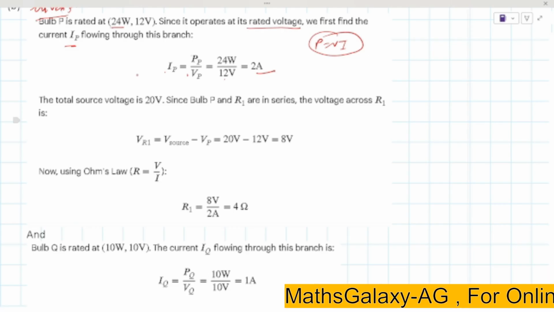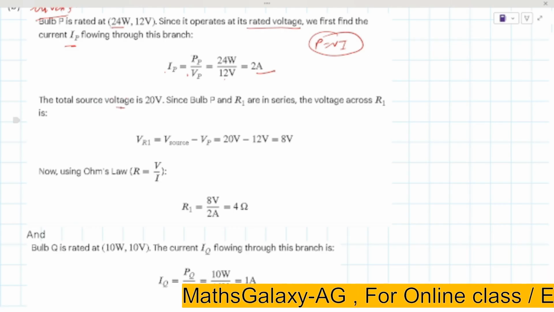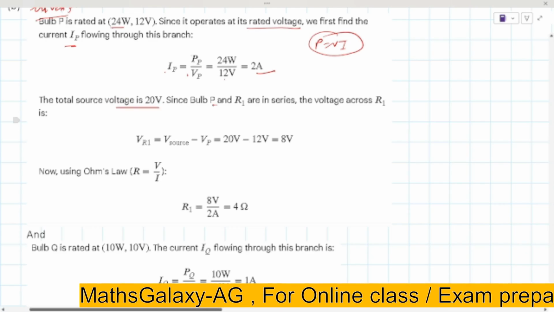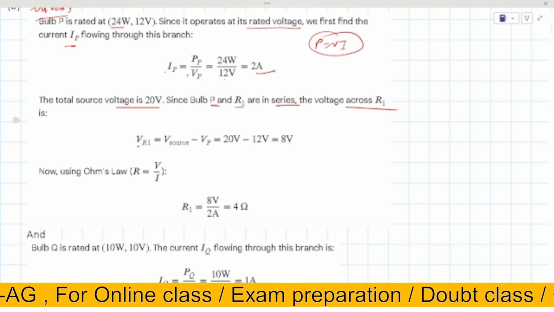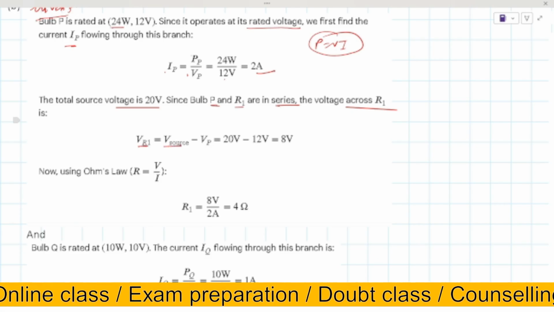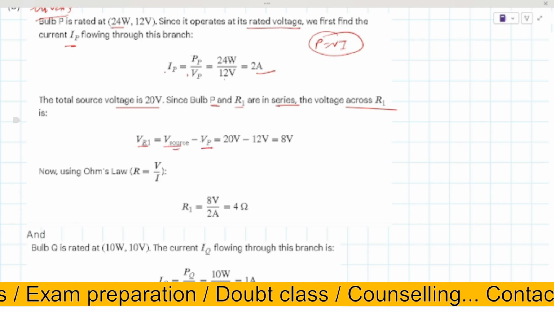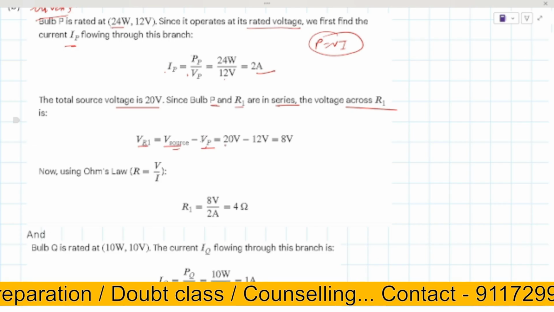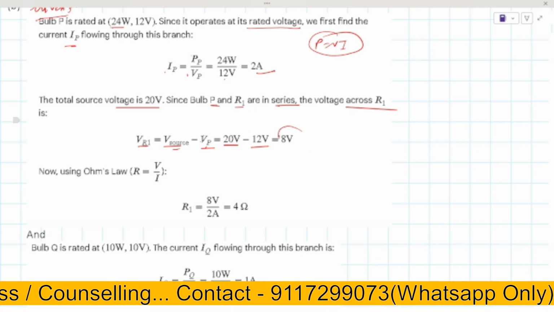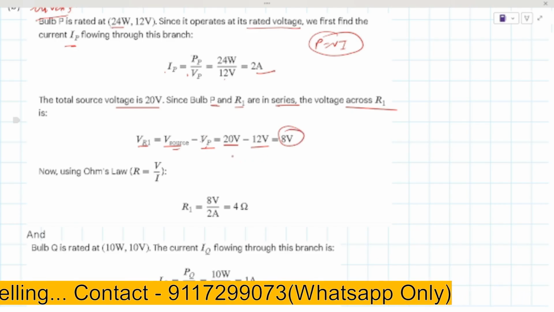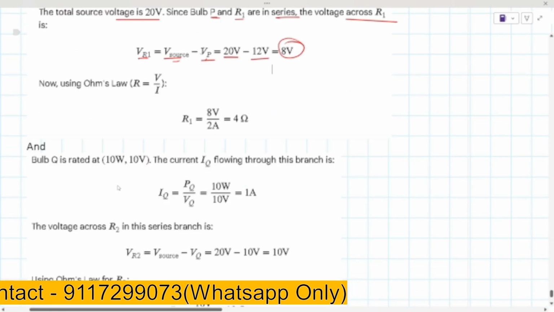Similarly, the other voltage is 20 volt, right? R1 will be found from the total voltage minus the voltage on P. Total is 20 and here it is 12 volt, so 8 volt, right?